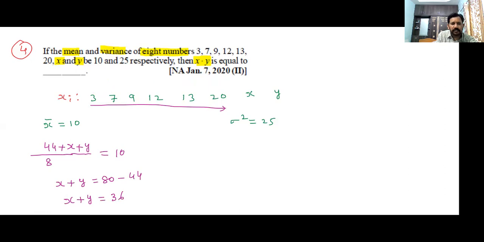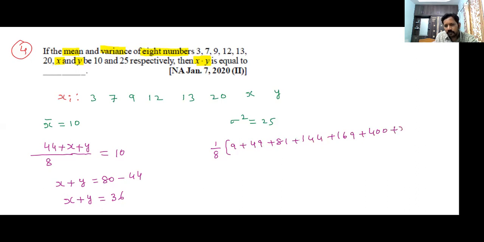Next, variance is given. Variance means, what is the formula? 1 by n. n means what? 8. 1 by 8 squares of these observations: 3 square 9, 7 square 49, 9 square 81, 12 square 144 plus 169 plus 400 plus x square plus y square minus mean square.